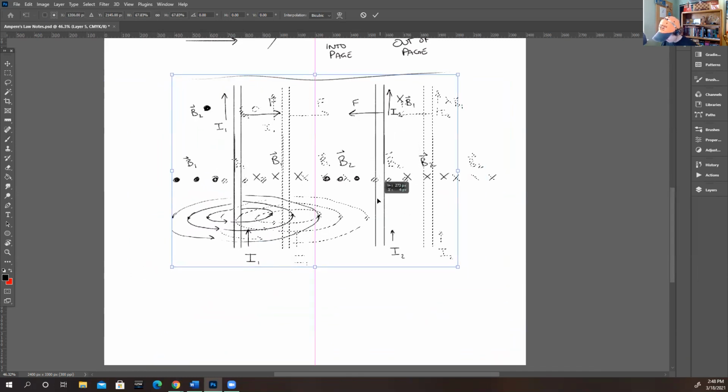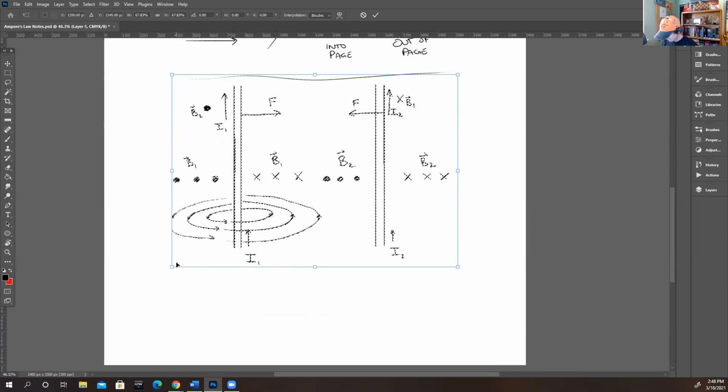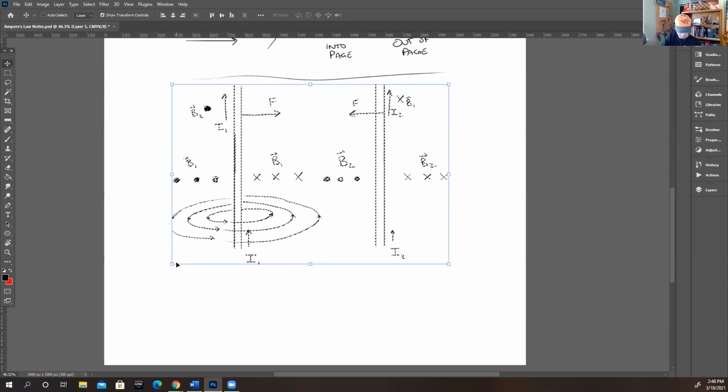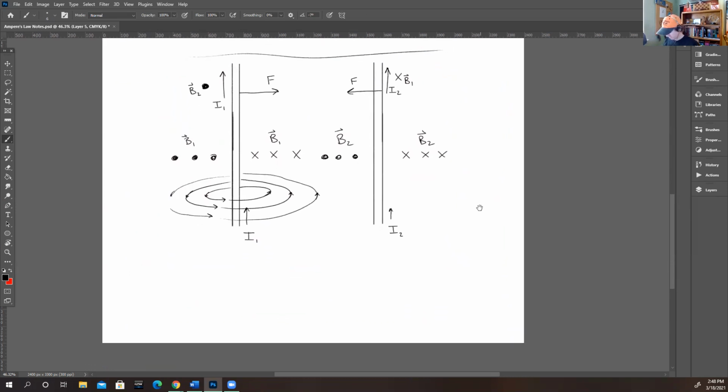But now, I think that's enough room. I'm just going to briefly talk about Ampere's law, now that we've covered all of this. I'll just put the formula down for it.